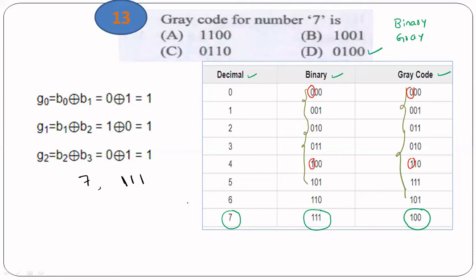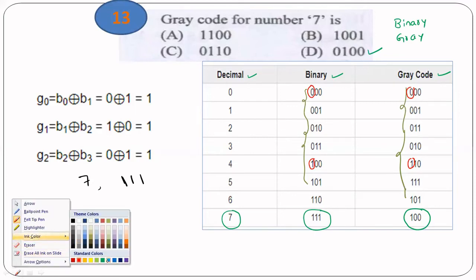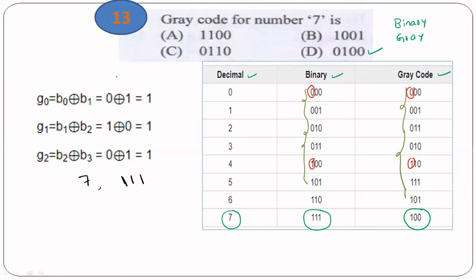Now, how to obtain the remaining 2 bits? In order to obtain the remaining 2 bits, we have to perform an XOR operation, that is an exclusive OR operation, on the remaining bits.